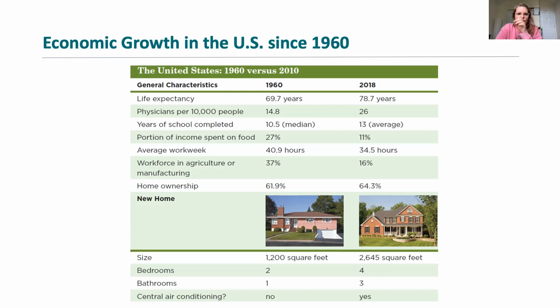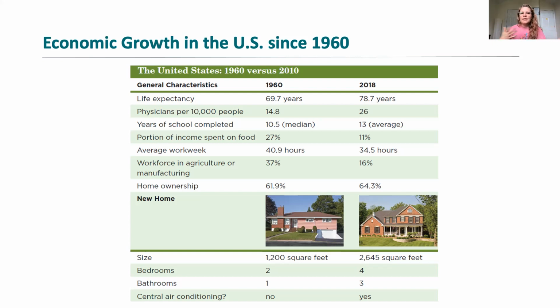So, between 1960 and 2018, we saw a jump of about 10 years in our life expectancy. About almost a doubling of the number of physicians per 10,000 people. On average, people are going to school longer, and spending a smaller portion of their overall income on food, which is sustenance. So now they're spending more on leisure and entertainment.